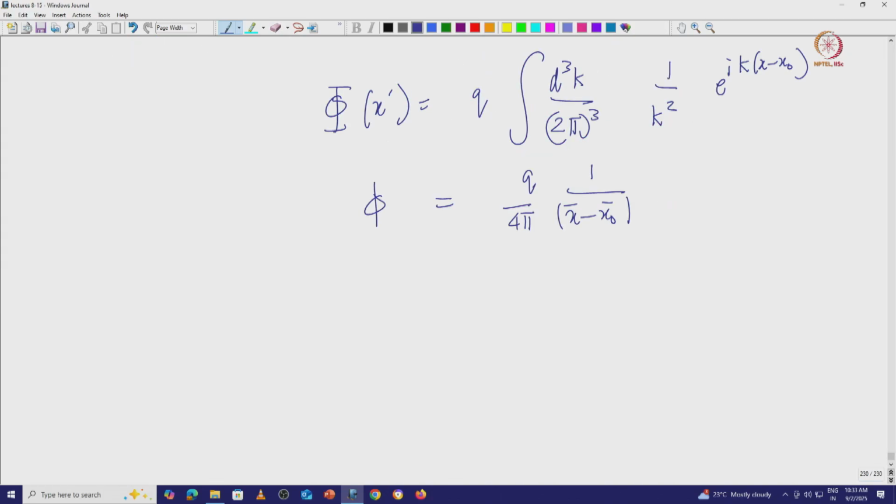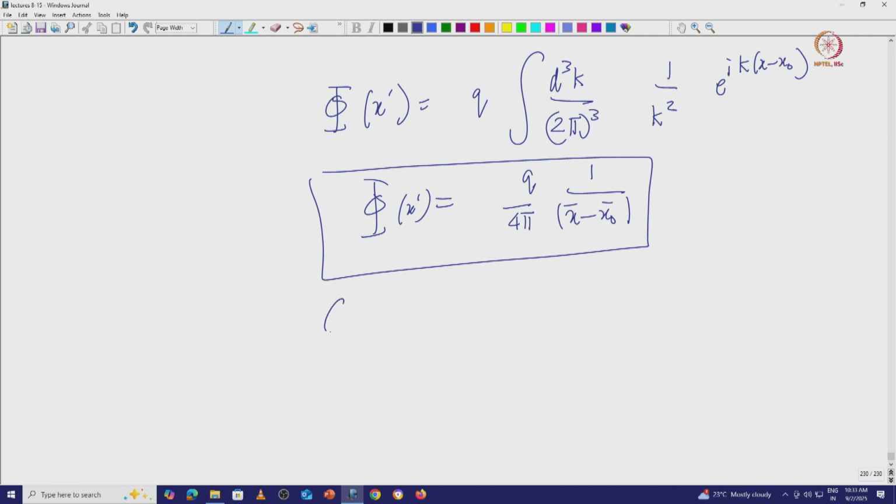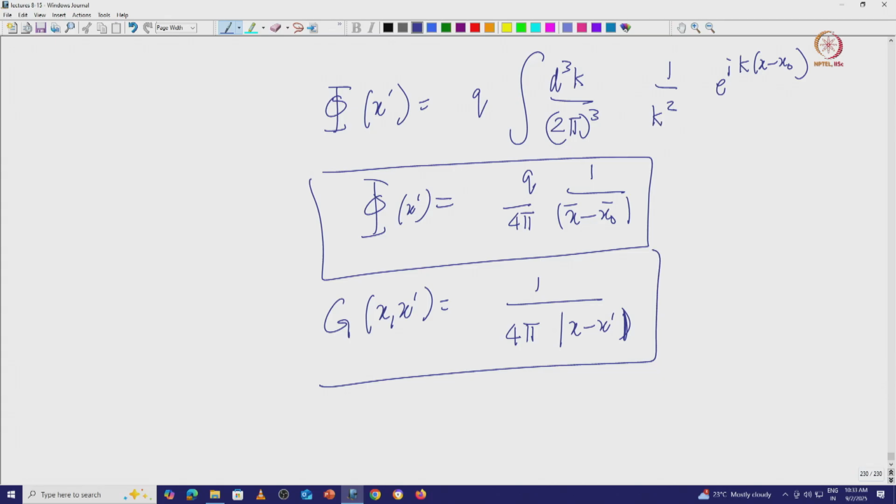Now you have the solution of the Poisson equation, which gives you the 1 by r potential, which is very well known, and your Green's function is nothing but 1 by 4 pi modulus of x minus x prime, the solution of the Poisson equation with a unit charge essentially.